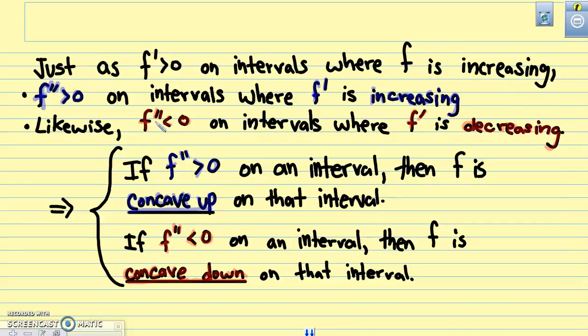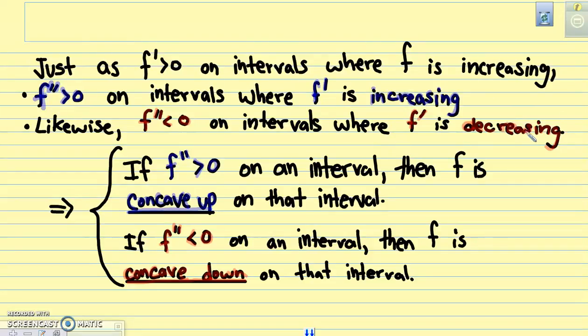So just as f prime is greater than 0 on intervals where f is increasing, f double prime is greater than 0 on intervals where f prime is increasing. Likewise, f double prime is less than 0 on intervals where f prime is decreasing.